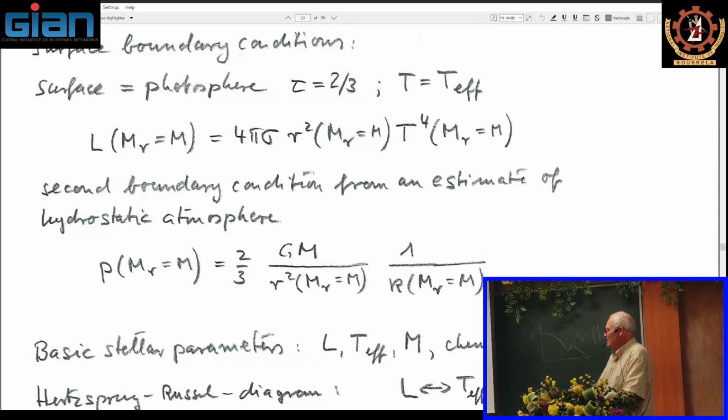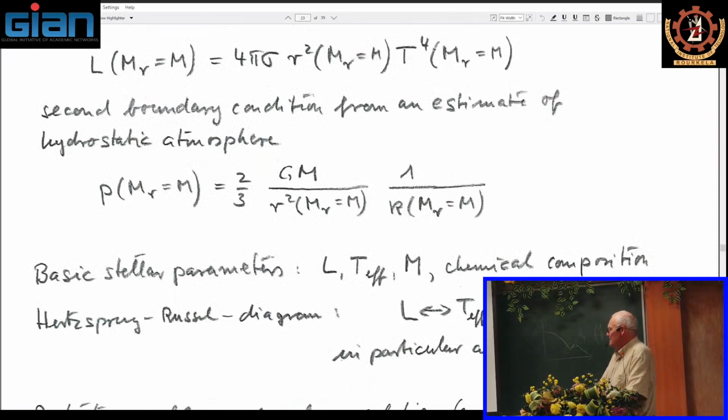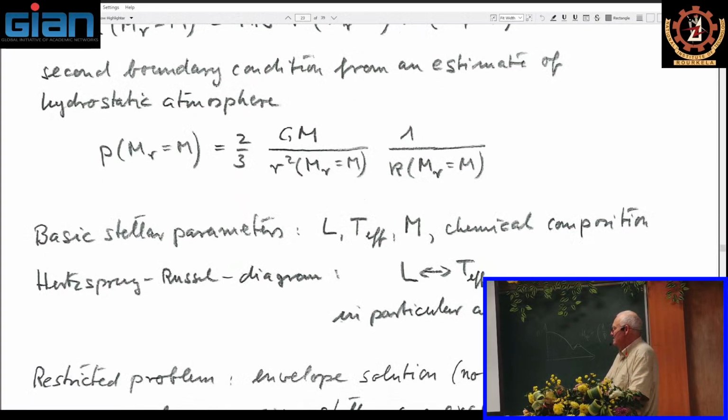Usually the outcome or the properties of stellar evolution are discussed in terms of the Hertzsprung-Russell diagram, plotting the luminosity against the effective temperature.